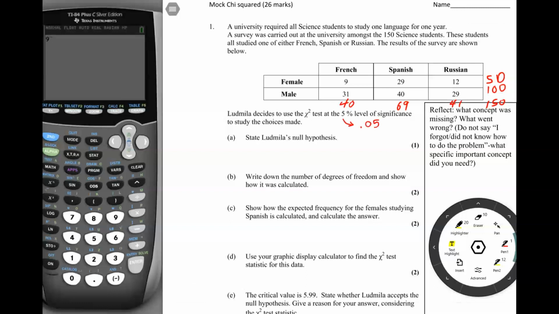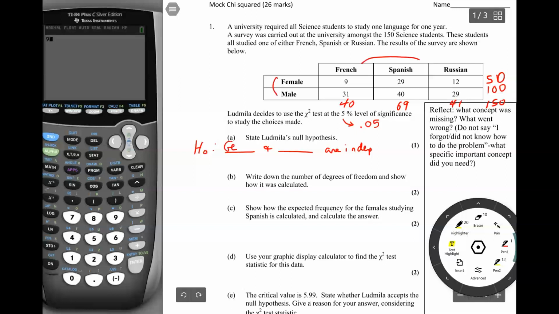State Ludmila's null hypothesis. Remember that the null hypothesis is always blank and blank are independent. So in this case, what are the two categories? There is gender and there is language. So gender and language chosen are independent.